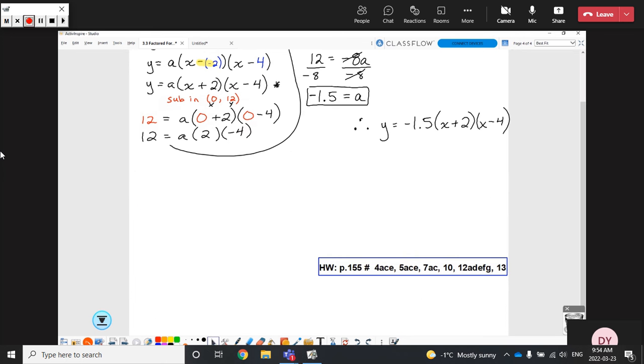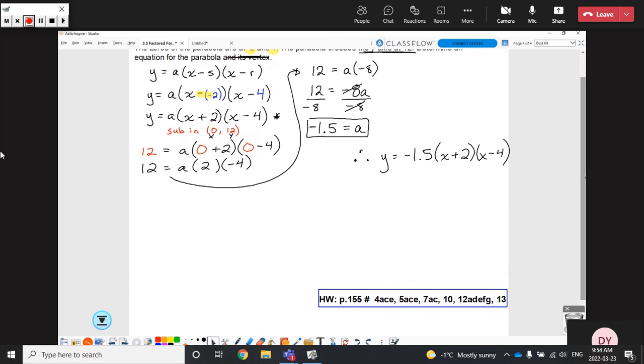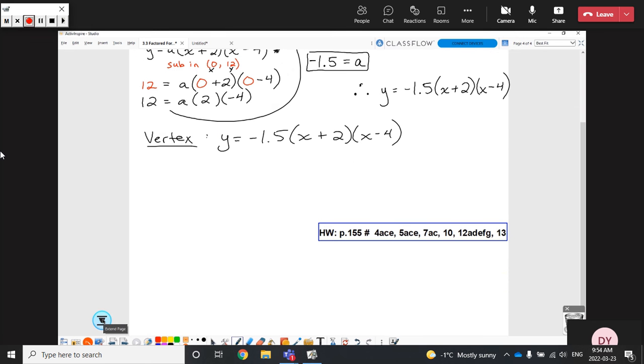Okay. So in example 2, not even example 2, we're just going to say it's vertex time. We want the vertex of this guy here, negative 1.5, x plus 2, x minus 4. We want the vertex here. So to get vertex, think about it, we need x-intercepts. We know what the x-intercepts are.